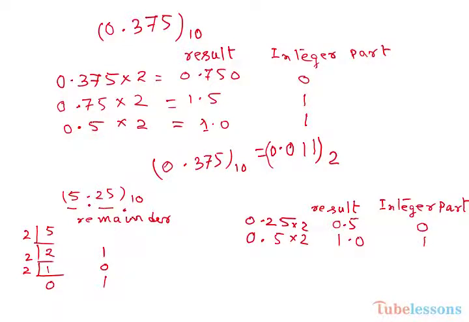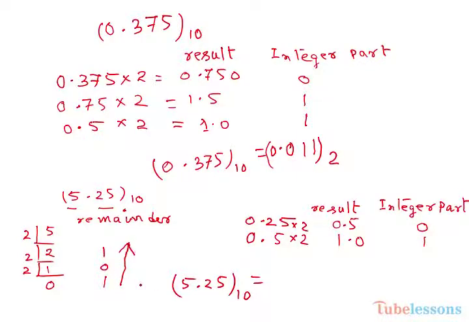Now 5.25 is equivalent to binary. For the integer part, arrange all remainders from bottom to top.